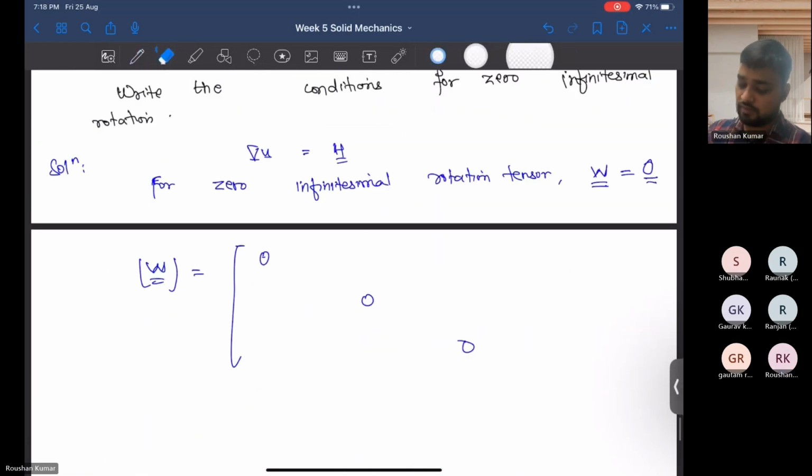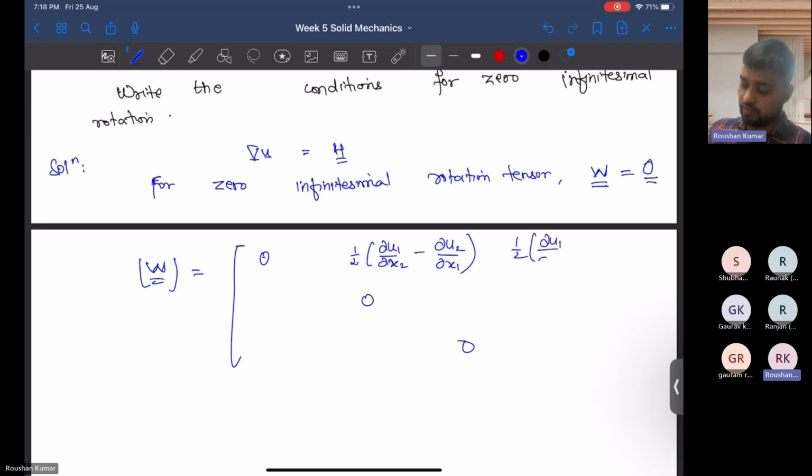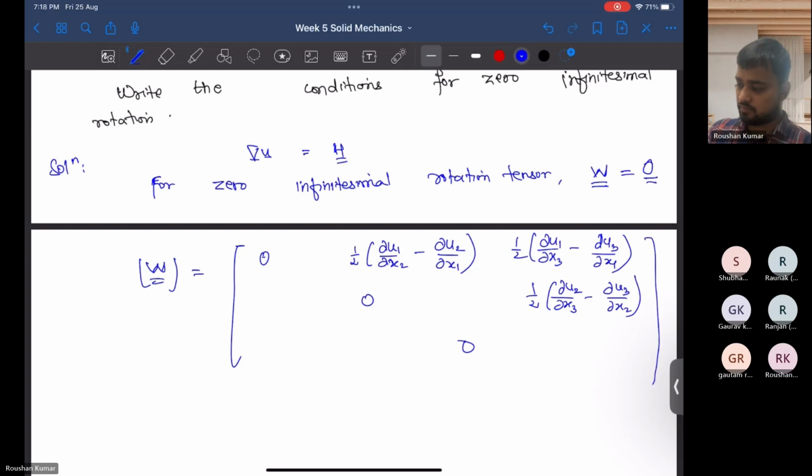That is half of del u1 over del x2 minus del u2 over del x1, half of del u1 over del x3 minus del u3 over del x1, half of del u2 over del x3 minus del u3 over del x2, and this tensor is antisymmetric, as I earlier said, a skew symmetric tensor.